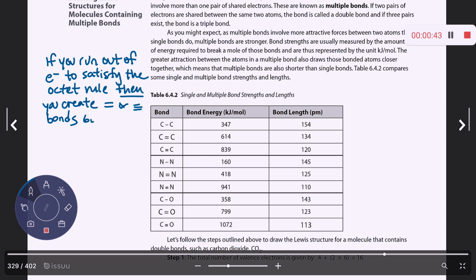And you would create these bonds by sharing electrons. And I'll show you how to do that.